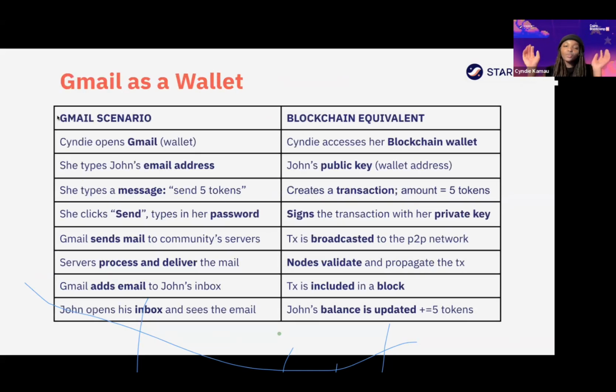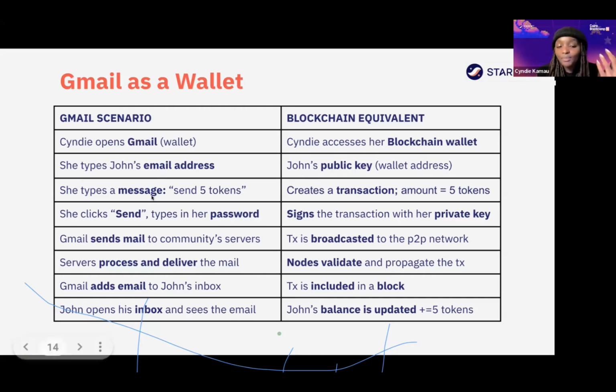So let's go back to our analogy of Gmail, right? For those who were with me in class yesterday, we talked about using Gmail to write an email and send some tokens. Let's assume it's like that. What we talked about yesterday was, for example, I open my Gmail, which we connected to a blockchain wallet, right? Then I type in John's email address, which we said is like the public key, the wallet address.